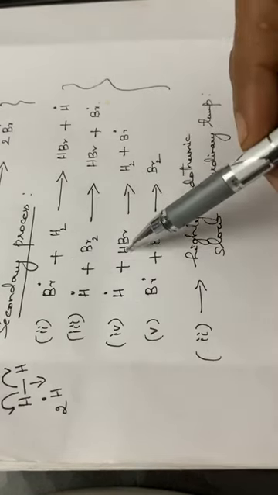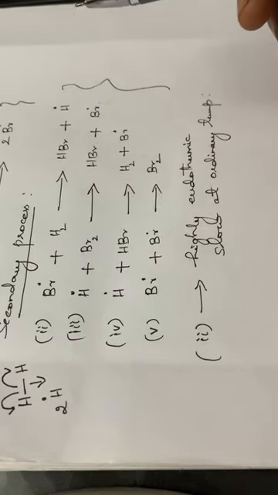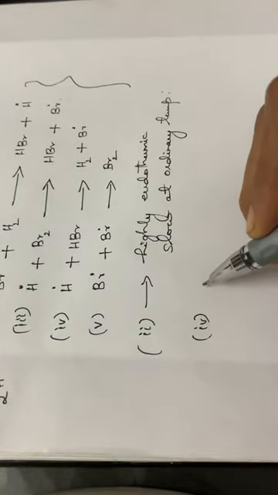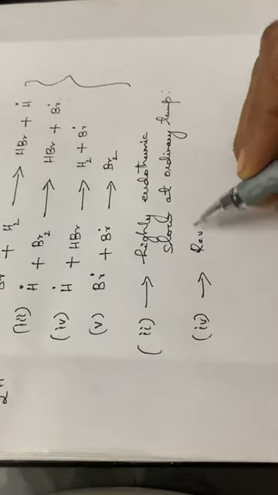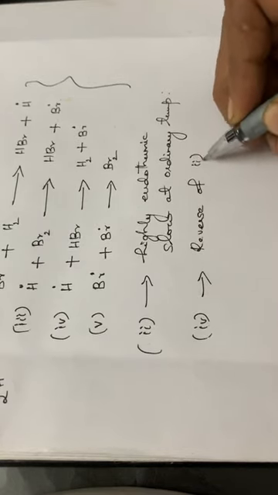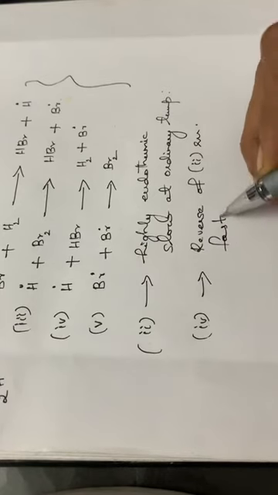So another characteristic property of the fourth reaction is that it is the reverse of the second reaction, and usually it is a fast reaction.